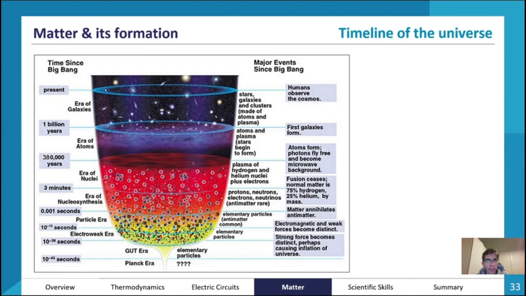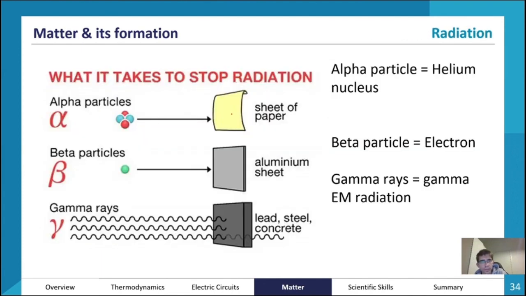Then you have dark matter, and then you have the formation of more sophisticated chemical structures that led to the formation of planets and other celestial bodies.